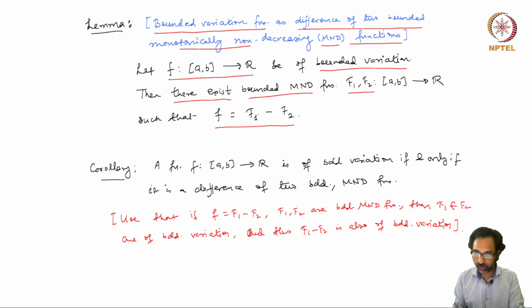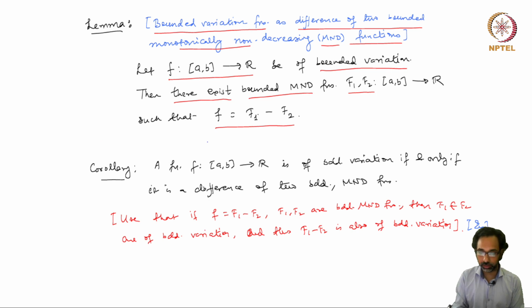So the total variation of f1 minus f2 can be estimated by the total variation of f1 and the total variation of f2. I leave it as an exercise again for you to work out the proof for this corollary.